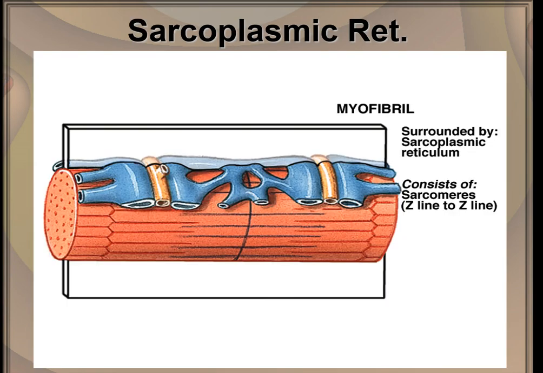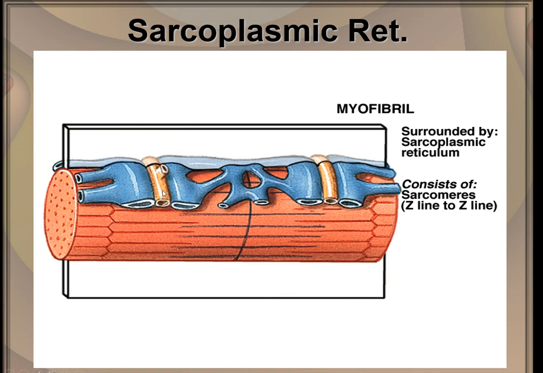So here's a picture of a muscle fiber, or actually a myofibril. And the lines in here are the myofilaments that we haven't talked about yet. But around the outside of each myofibril, we see this blue webbing. That's our sarcoplasmic reticulum, okay? This here is part of a transverse T-tubule, okay?